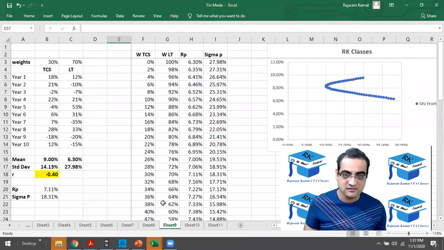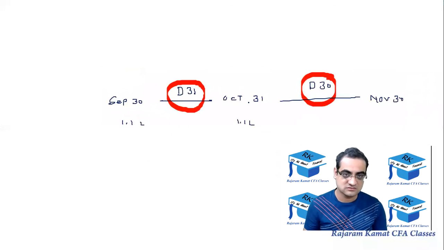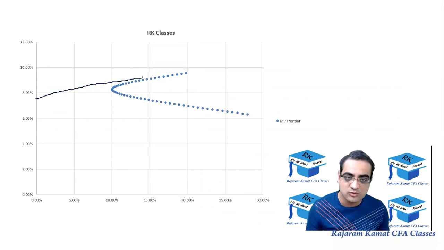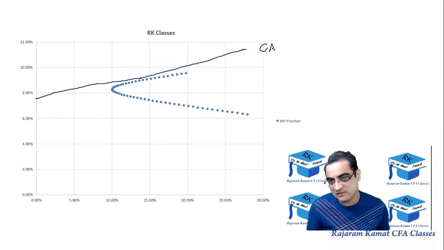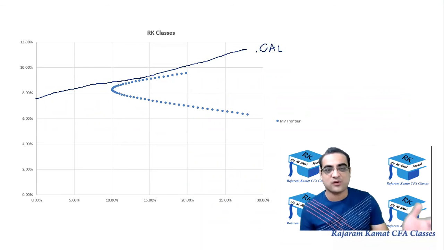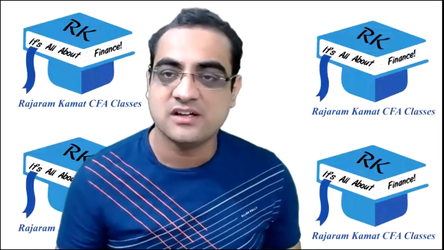In the graph that we made in Excel, from here I can draw a tangent, and that would be the CAL. I was supposed to do this part today but I forgot. Sorry about it, I'll do it in the coming lectures.